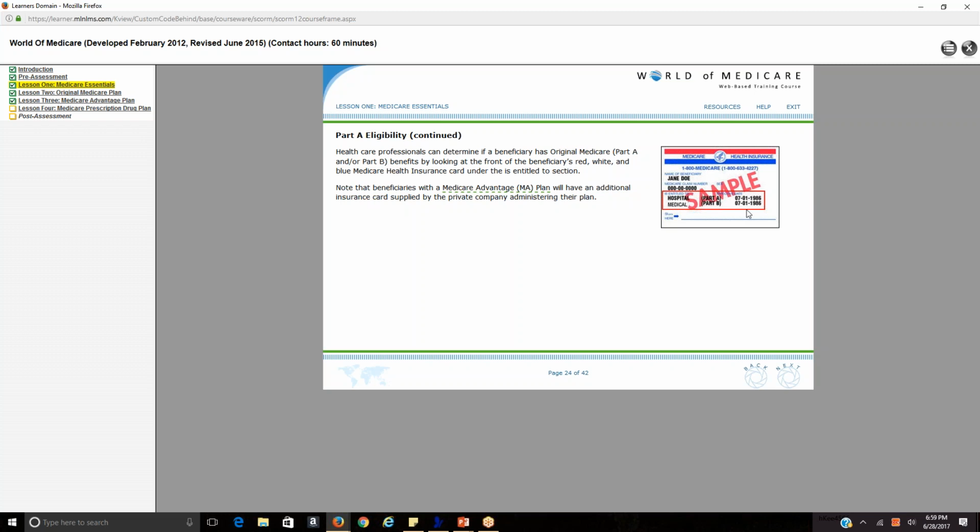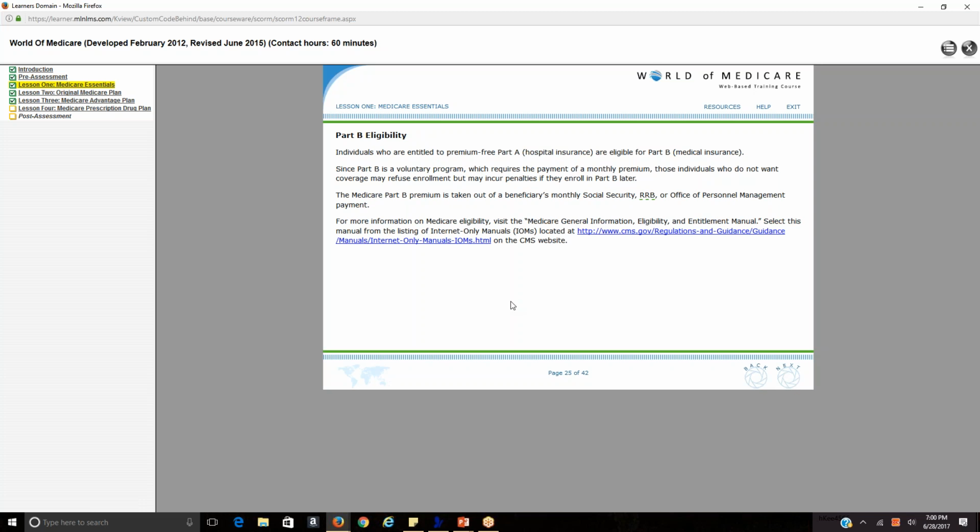You're going to be sending it to the insurance company that is carrying the coverage under that Medicare Part C plan. So if they have Medicare Advantage, they'll have an additional insurance card supplied by the private company, but many times Medicare patients think that it's just a supplement. They don't understand that that is their primary insurance. So you need to be sure to be very diligent about that and look for that when you are verifying benefits or when you are intaking a new patient.